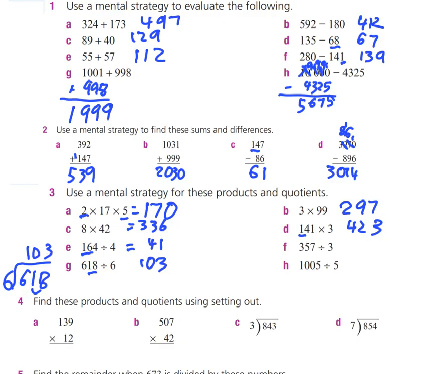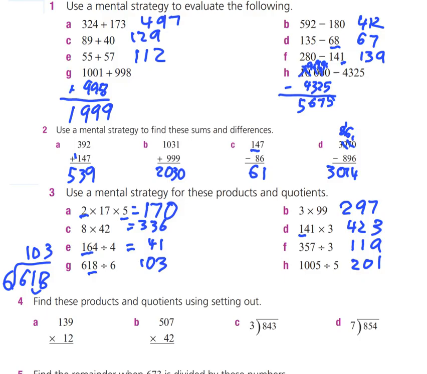I know that 360 is divisible by 3, and that'll be 120 when I divide it, just like 36 divided by 3 is 12. But it's got 3 less, so it's going to be one less than 120, which will be 119. 1005 divided by 5. I know that 1000 divided by 5 is 200, and there's one more. That's 201.